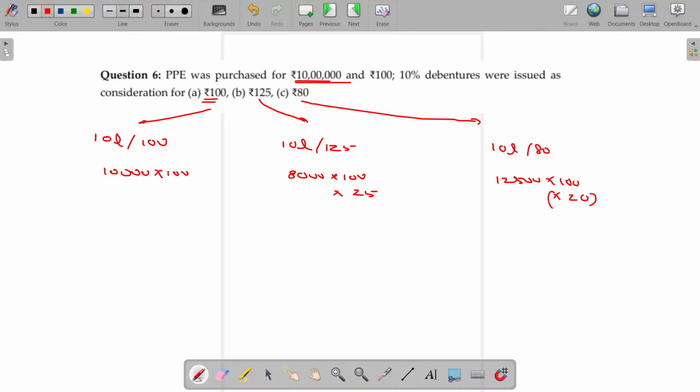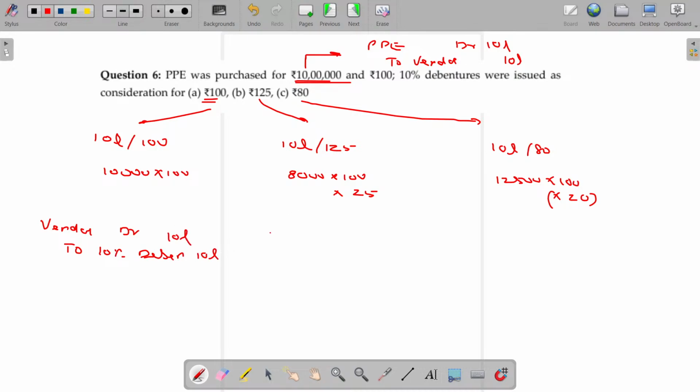The entry for purchasing the plant and machinery, being property, plant, equipment, to whom? Vendor. You can post the entry as payable to them, or creditors for the property, plant, equipment. Now settle that. Property, plant, equipment account debit to vendor, and you issue 10% debentures, value being 10 lakhs.